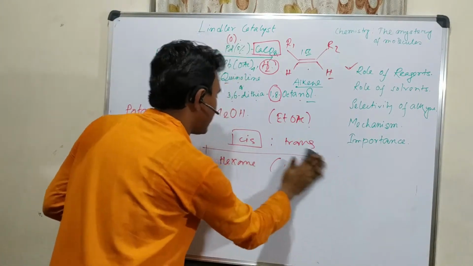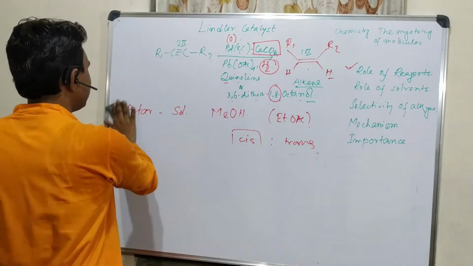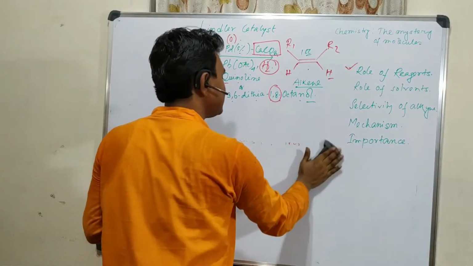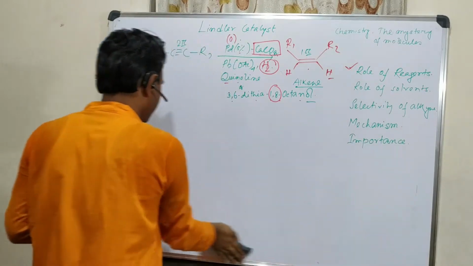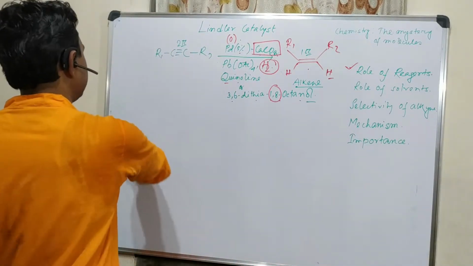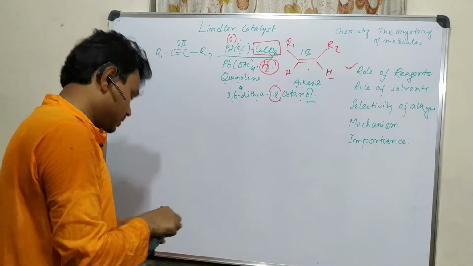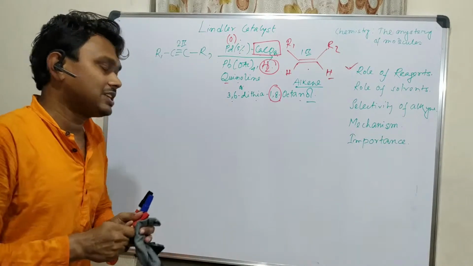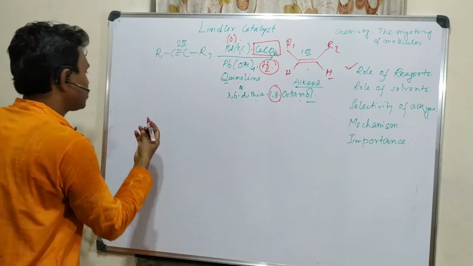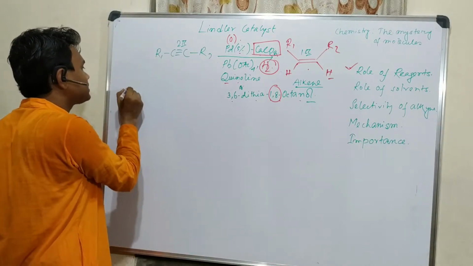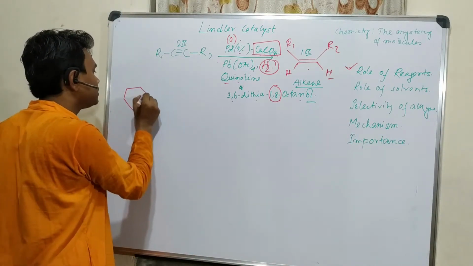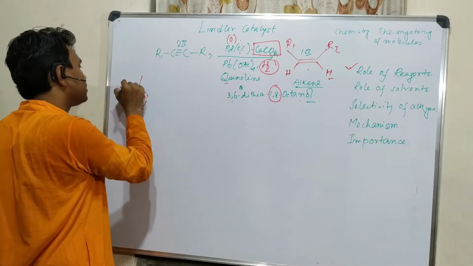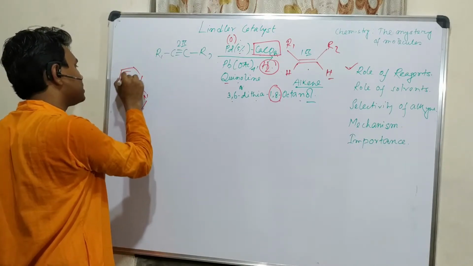Now, the reactivity of alkyne. You can see that the alkyne is getting reduced, so it is expected that its reactivity also plays a role. It's true. Now this selectivity as well as the mechanism I will explain. Initially, this quinoline coordinates with this palladium 0 center.